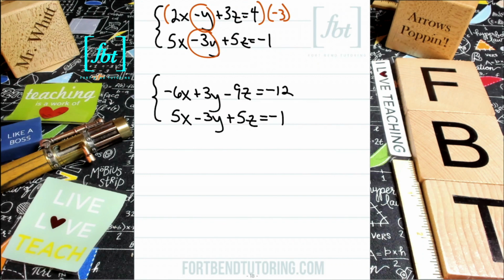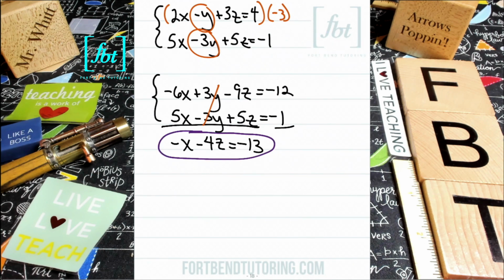Notice that the second equation did not change, as we only needed to get additive inverses, aka opposites, by simply multiplying the first equation by negative 3. Now we have opposites on the y terms. That's what we wanted, because now they cancel out. We're bringing down negative x minus 4z equals negative 13, and we will be holding on to this equation. Keep this one in mind.